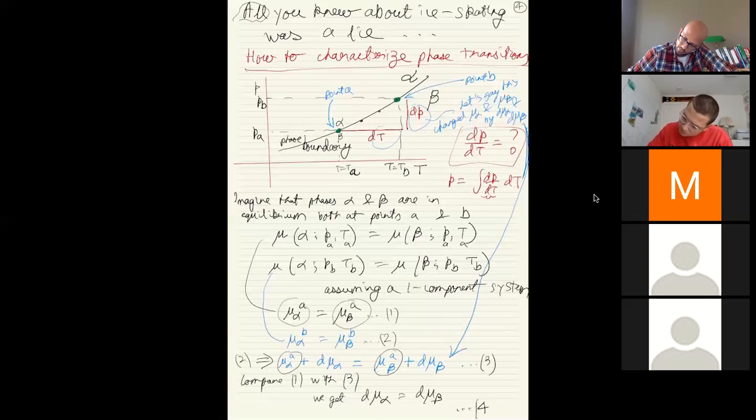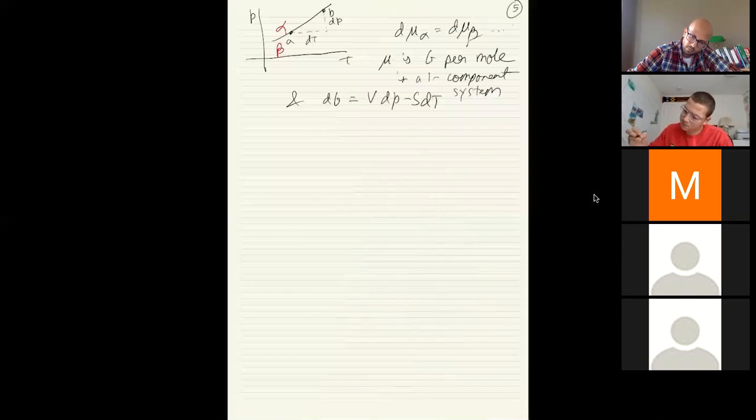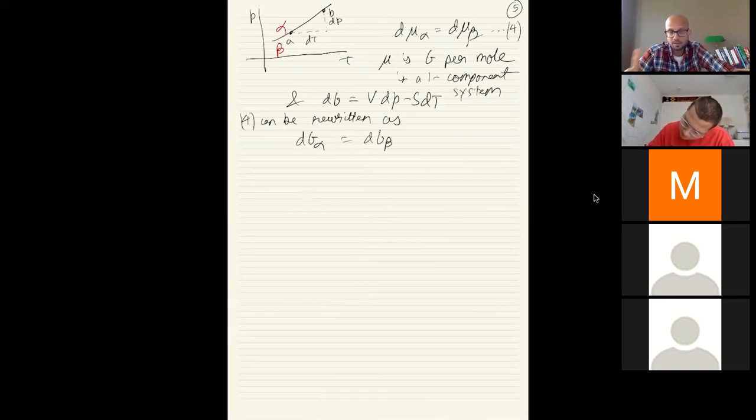Therefore, this equation 4 that we derived can be rewritten as dG alpha is equal to dG beta. Again, it's a one component system. If it was not one component, it can still be done, it will be a bit more complicated.